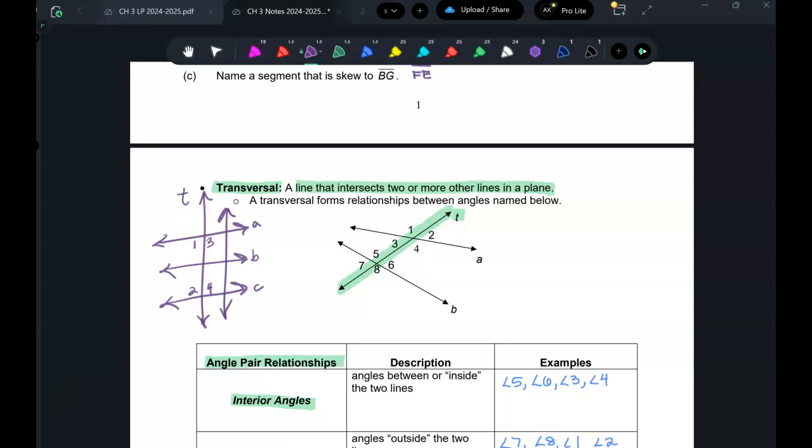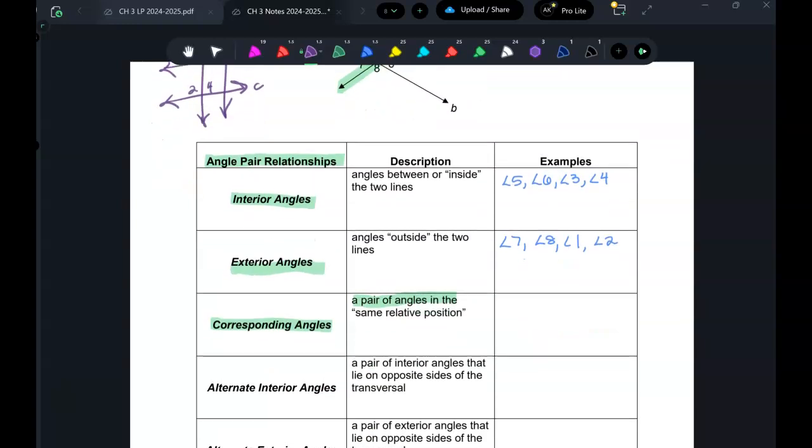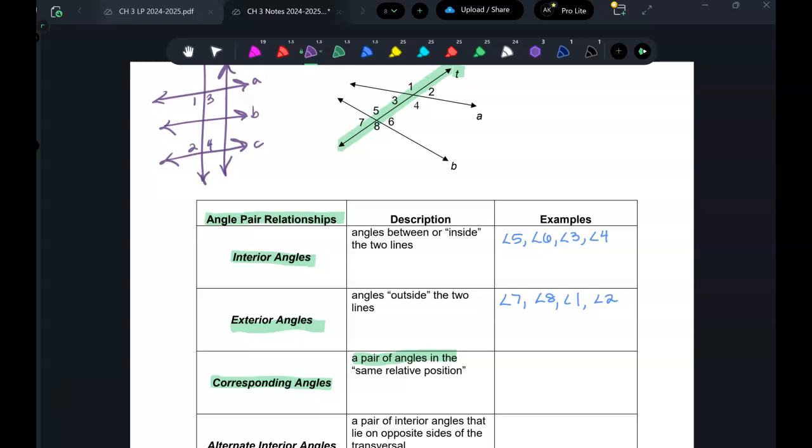Even if there's 4 lines, there's only 2. So you have to always think in terms of the two lines and the 1 transversal. I try to start off simple with just 2 lines and 1 transversal, and then on the homework you'll have multiple lines. Don't worry, it's fine. There can be multiple transversals. You'll see. Okay, let's just focus on this picture though for now.